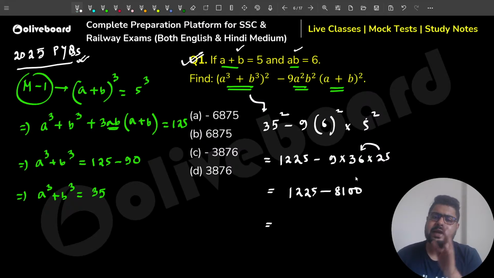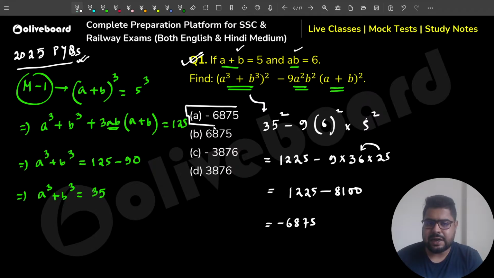So you can say 8100 minus 1225 gives 6,875 with a negative sign. This is the traditional method.